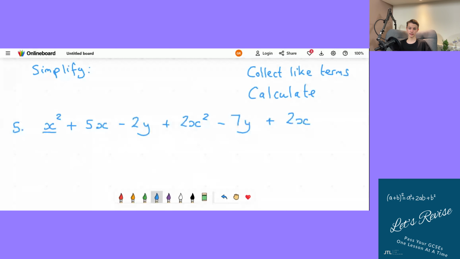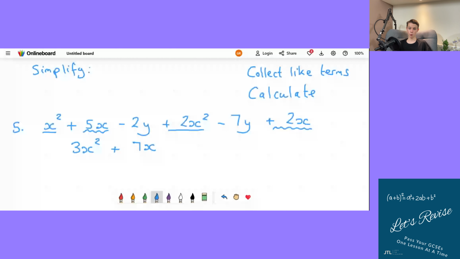You have to just do the x squareds first. So it's x squared plus 2x squared, 3x squared. Next we'll do the x's, not the x squareds. X squareds and x's are a different variable. So it's 5x plus 2x, 7x.